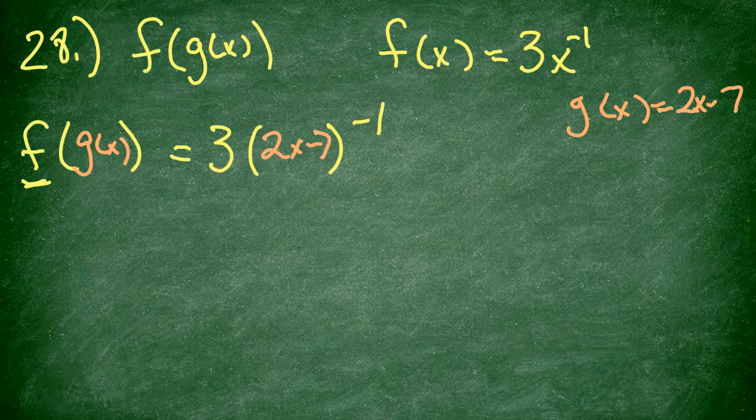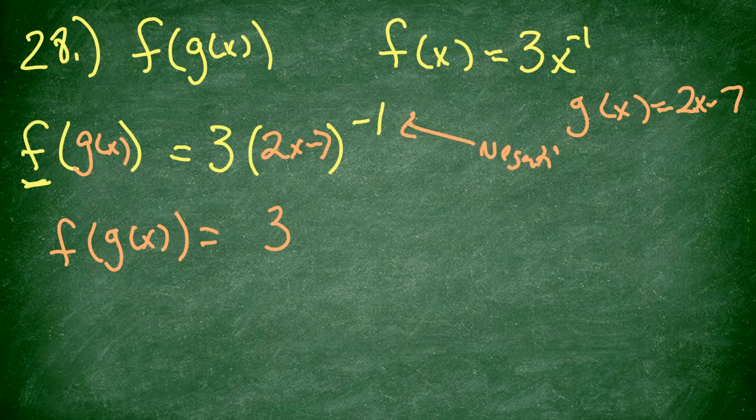Now I just do some simplifying. So f of g of x equals 3, and because that's negative, and the negative is not attached to the 3, I put the 2x minus 7 on the bottom.